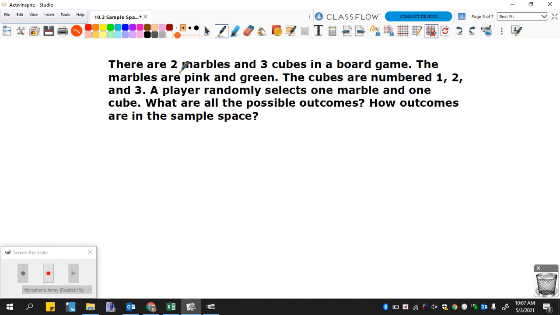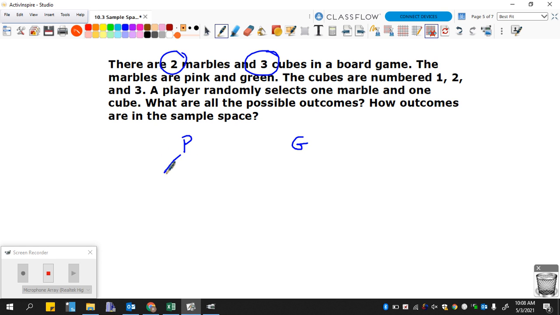Another example, 2 marbles and 3 cubes, okay? The marbles are pink and green. Pay attention here to 2 and 3, okay? So the marbles are pink and green, and the cubes are numbered 1, 2, and 3, okay? So he randomly selects 1 marble and 1 cube.